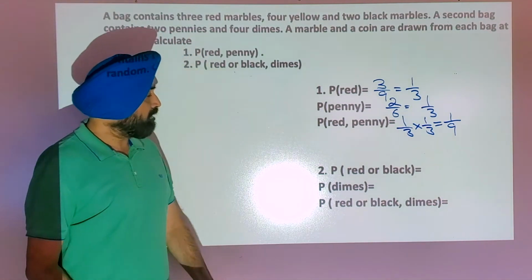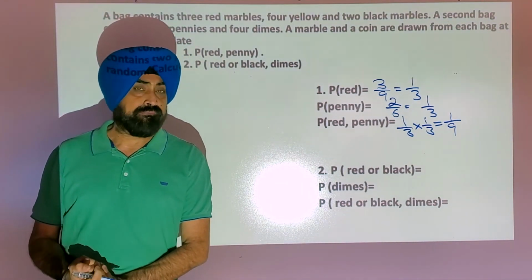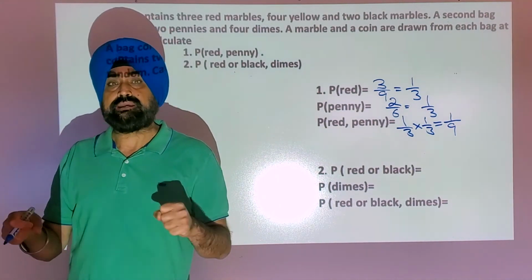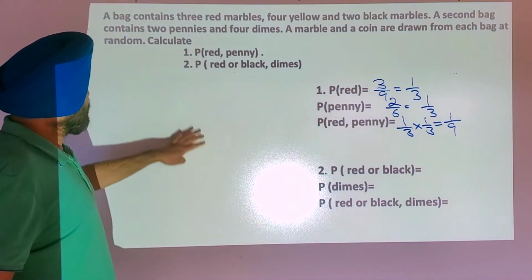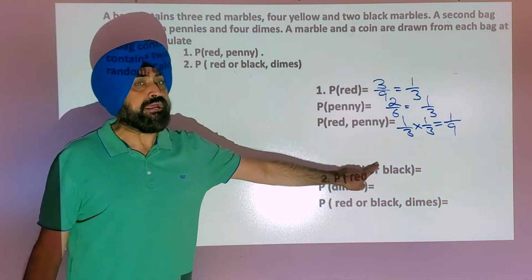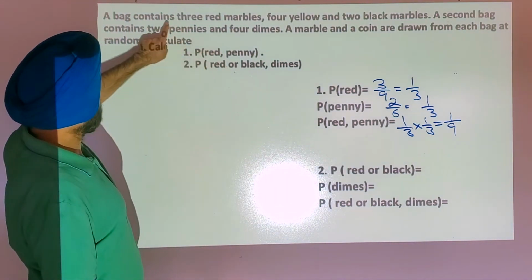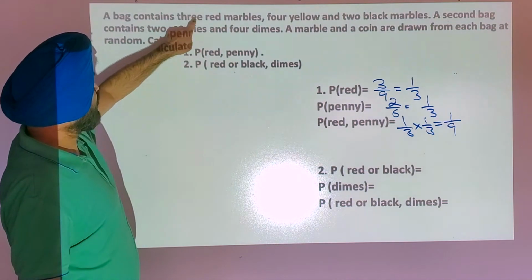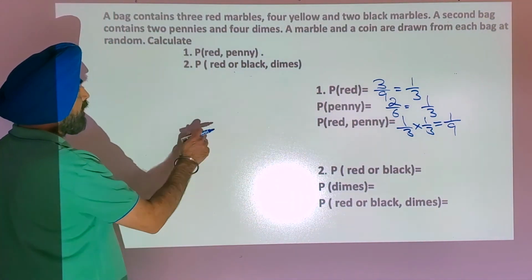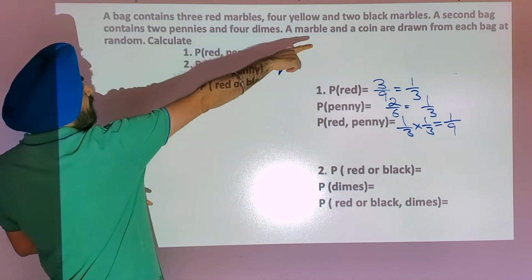So 1 over 9 is the probability that red and penny come when you randomly pick one marble from one bag and one coin from the second bag. Same question, but this time they are asking the probability that red or black comes. So how many total marbles here? 3, 4, 7 and 2, 9. How many are red and black together? 3 here, 2 there, 5.